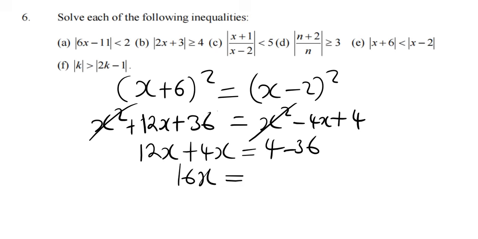This will be equal to 4 minus 36, that is a negative 32. Then I divide by 16 on both sides. So in this case, x is equal to negative 32 divided by 16, that is a negative 2.